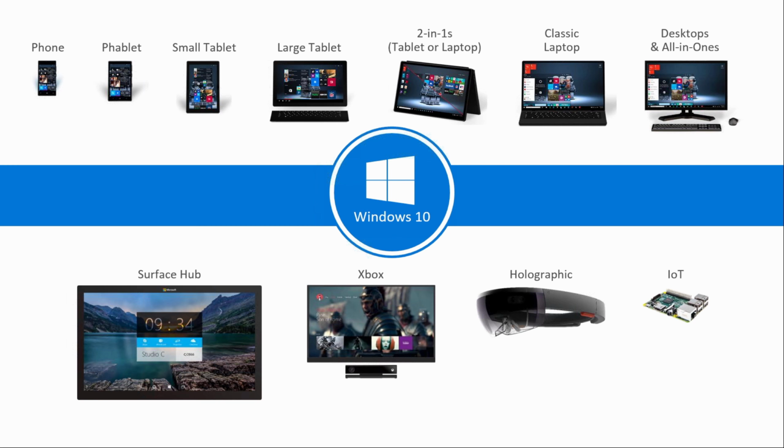We've got several devices on the screen here, from the phone to the holographic headset, HoloLens, to the big Surface Hub panel. What Windows 10 provides is that core OS running across all these devices. So as a developer on that platform, I want to leverage my application to run on as many devices as I possibly target.